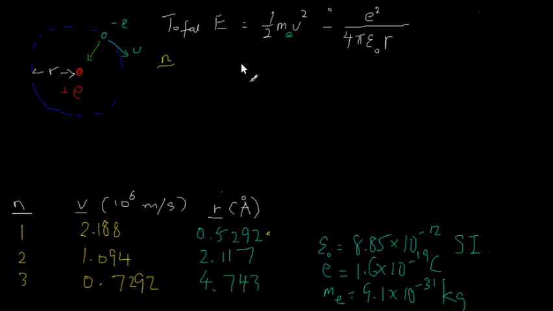Possible values of n, possible values of corresponding values of E. So when n is equal to 1, we can substitute all these values into here, and using our calculator, I have found minus 2.180 times 10 to the minus 18 joule.